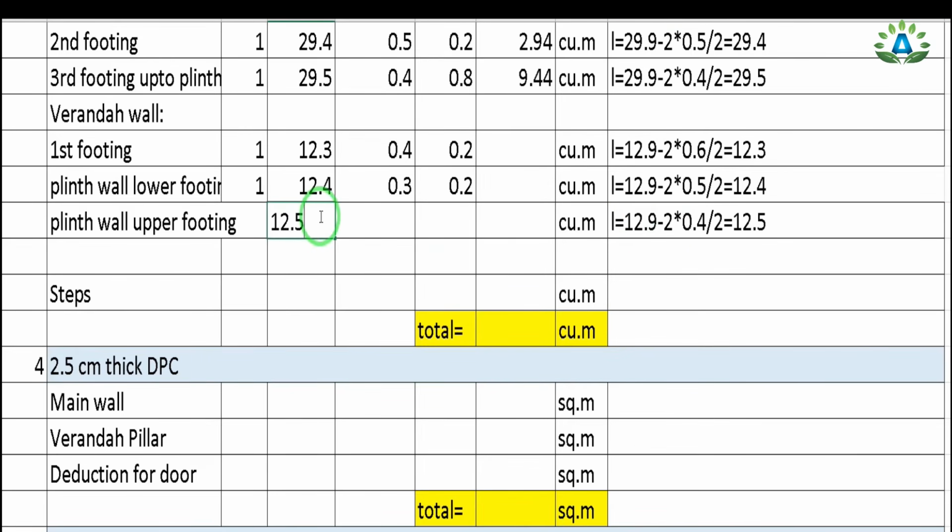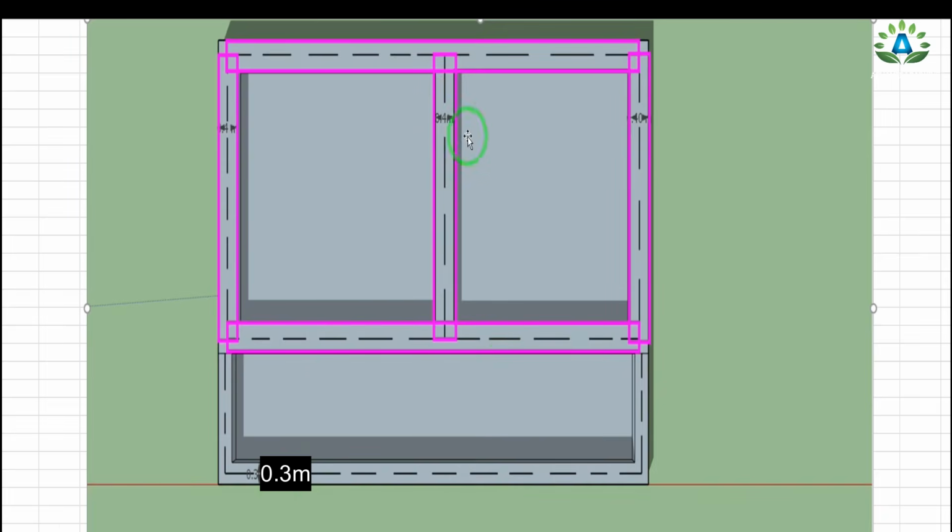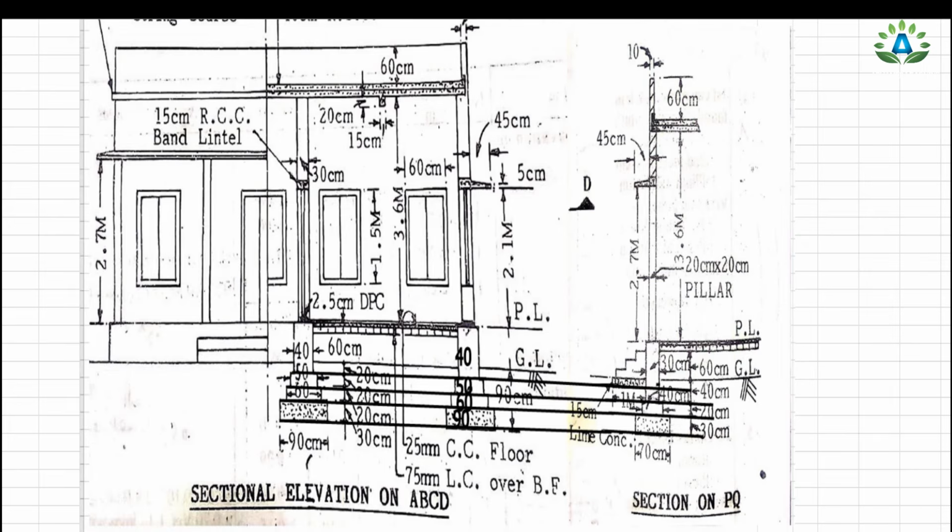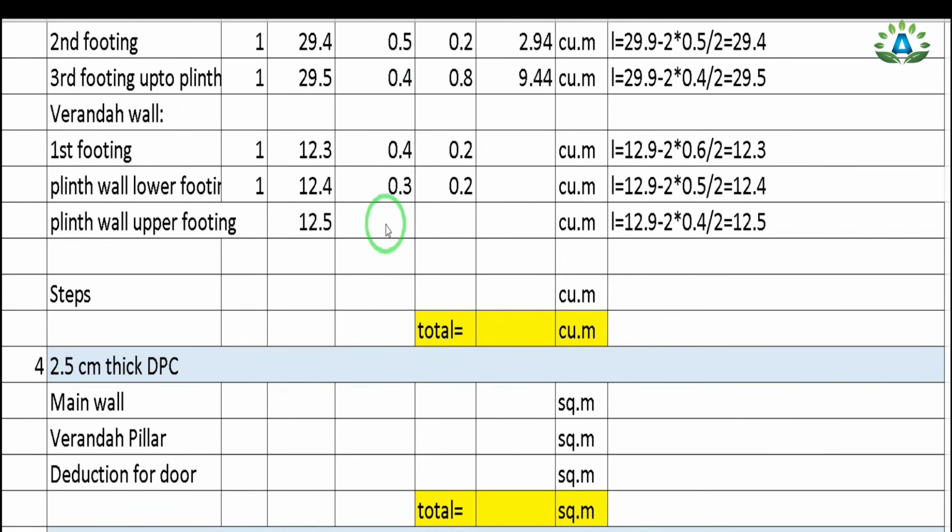But the width of these veranda pillars is 30 centimeter, that is 0.3 meter from our section view. The total height of this pillar is, this portion is 20 and this portion is 60, so 60 plus 20 equals 80 centimeter. So I can write that the width is 0.3 and height is 0.8.